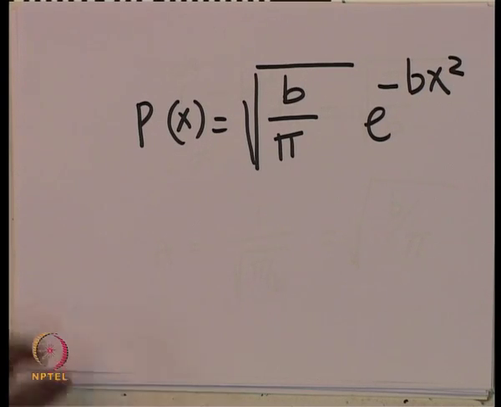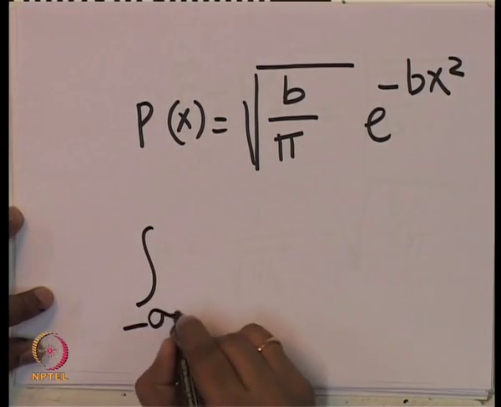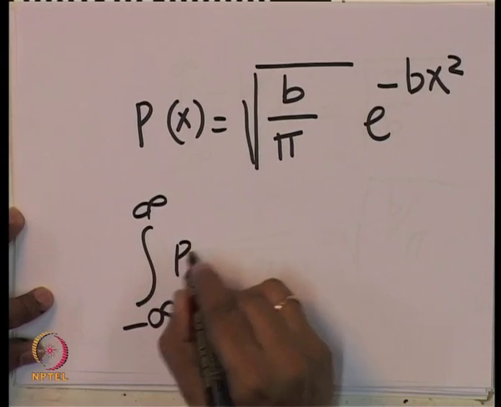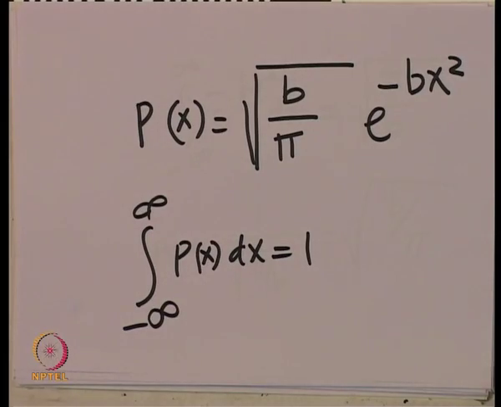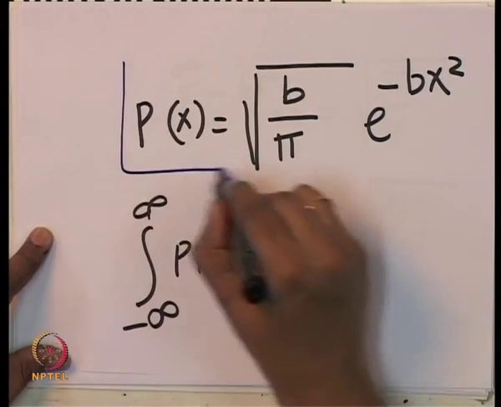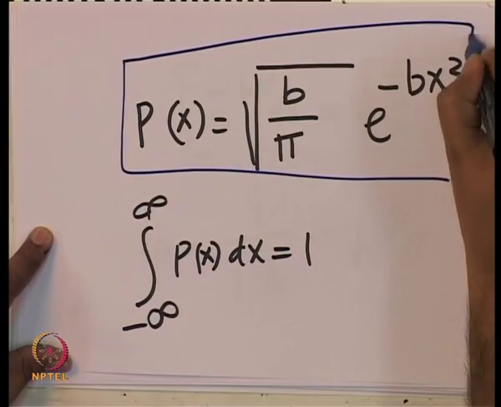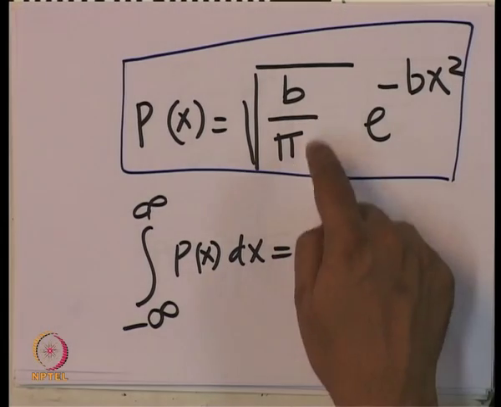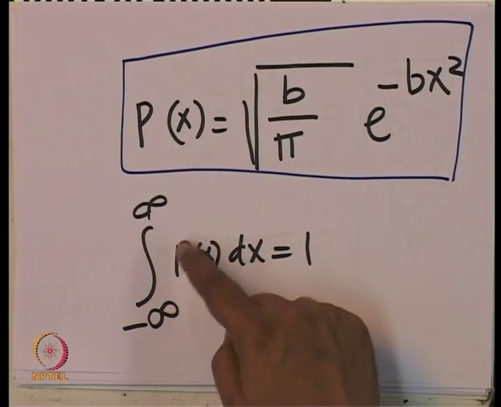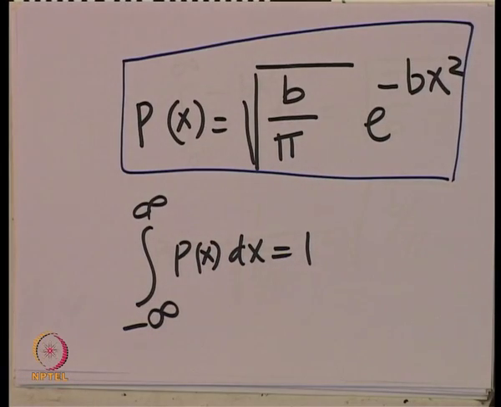Surely we can see that the integral from minus infinity to infinity of P of x dx is 1. This is the Gaussian function, the full form of the Gaussian. The normal distribution has this particular form. The root of b by pi is written in such a way that the total integral is 1.